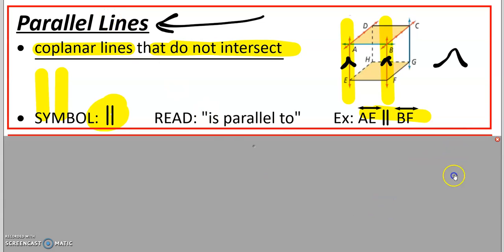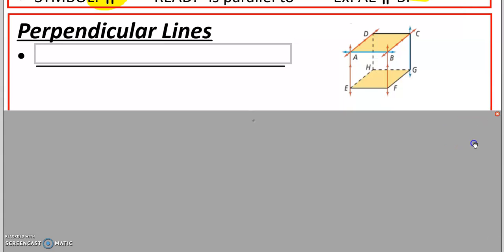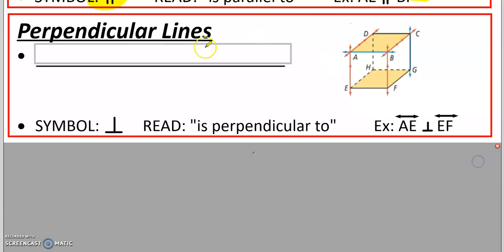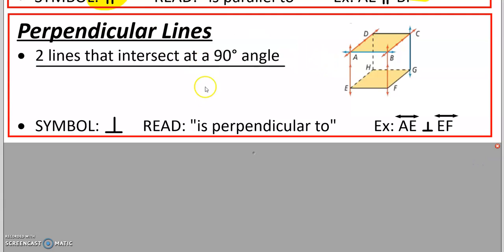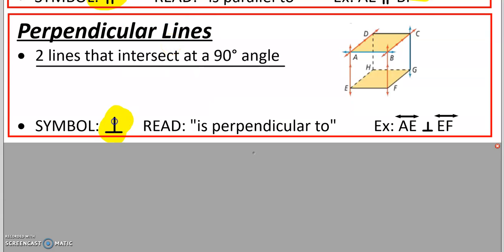The next vocab word, let's talk about perpendicular lines. We touched on this in chapter 2. Perpendicular lines are two lines that intersect at a 90-degree angle. We've done this one before, right? The symbol might be new for us. The symbol is like an upside down T, okay? That's representing that we have perpendicular lines.